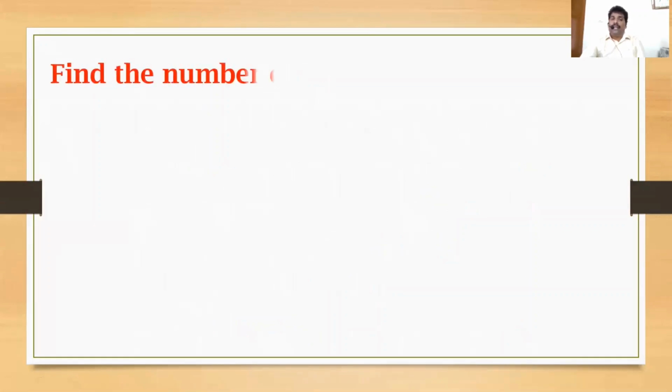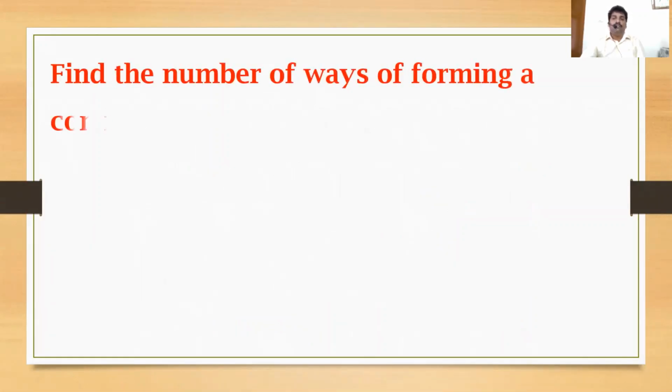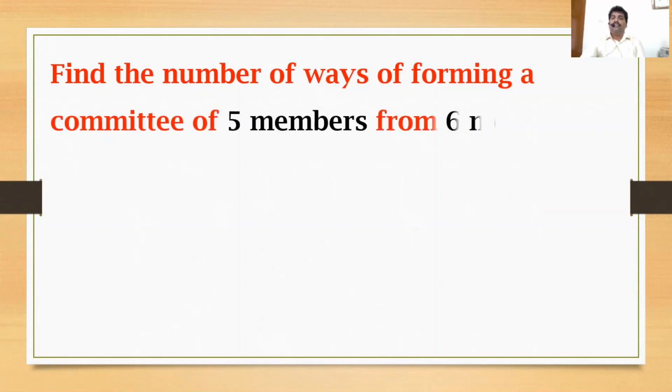Next: find the number of ways of forming a committee of 5 members from 6 men and 3 ladies. To form a committee, we have to select the members, so selection comes under combination.